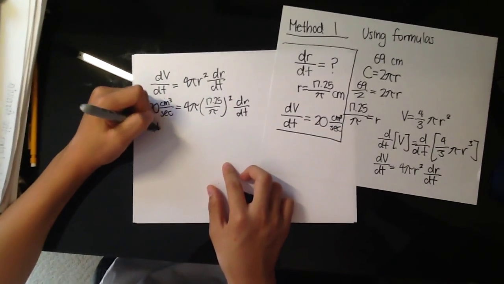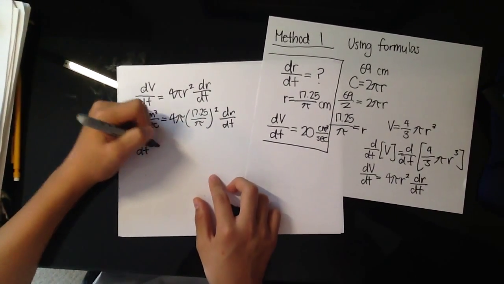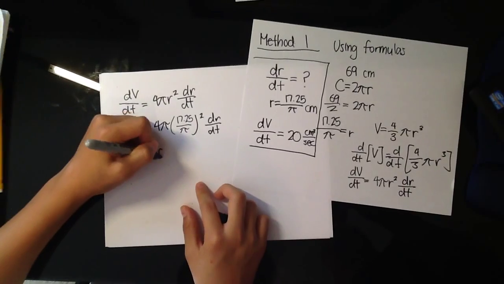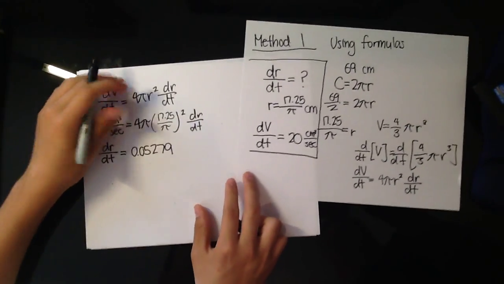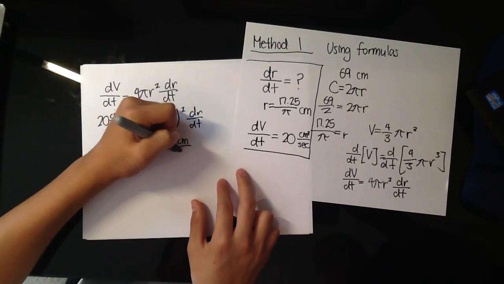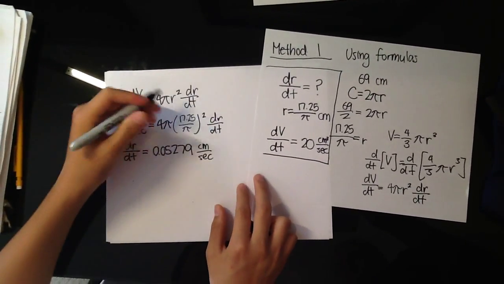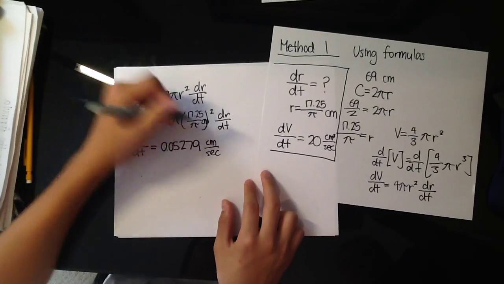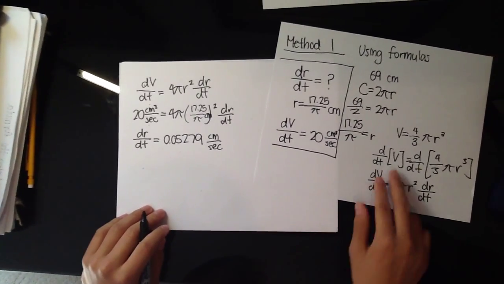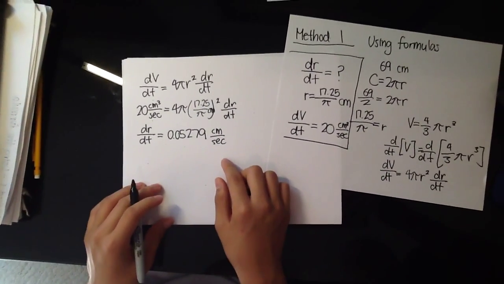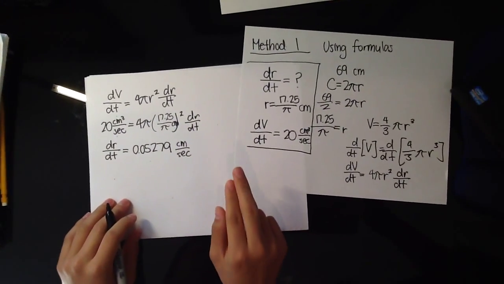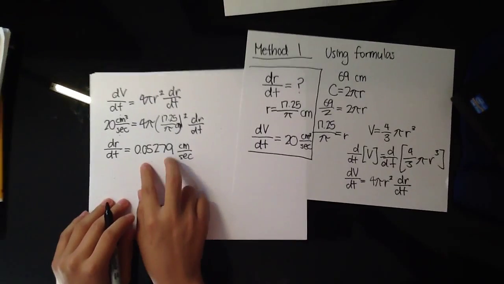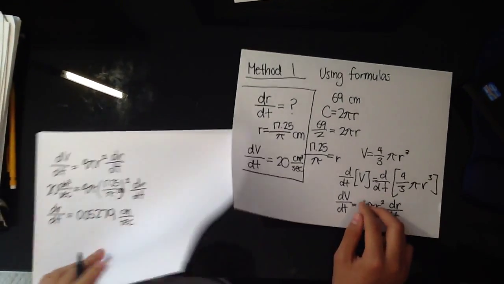That's going to give us dr/dt equals 0.05279 centimeters per second, because we have to use units. So this is the rate at which the radius is increasing when the circumference of the soccer ball is half of regulation size. And I rounded to 5 sig figs.